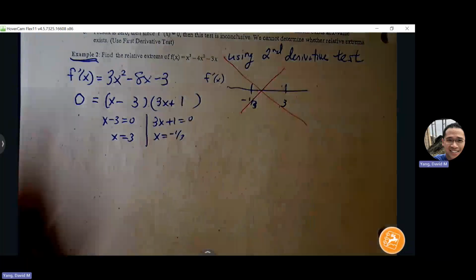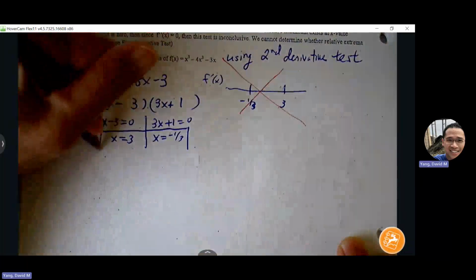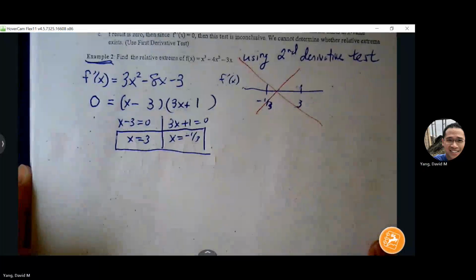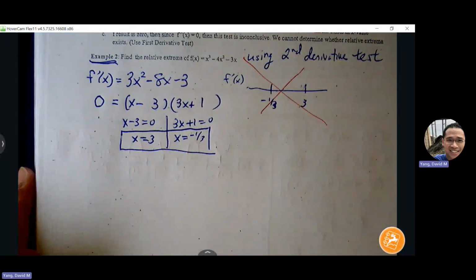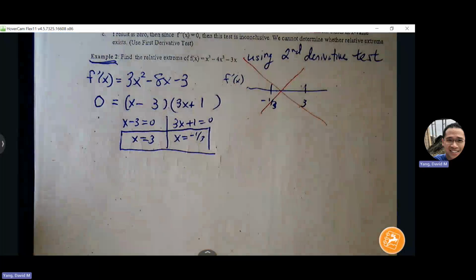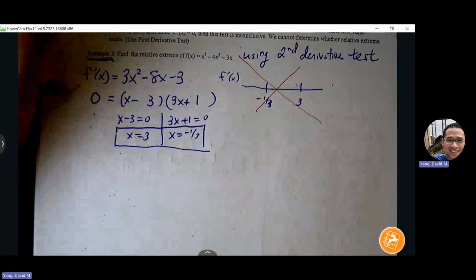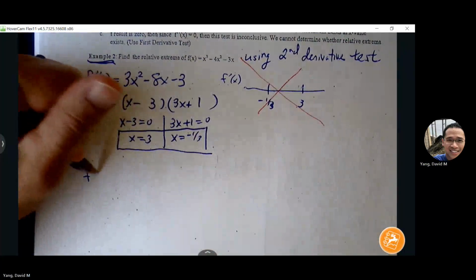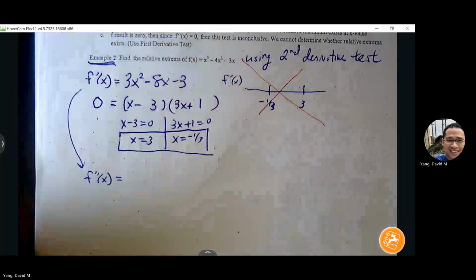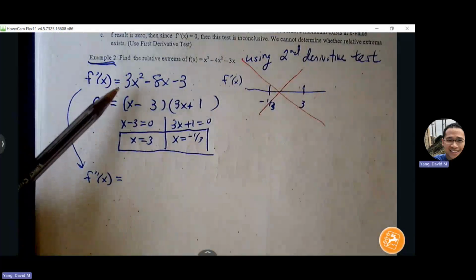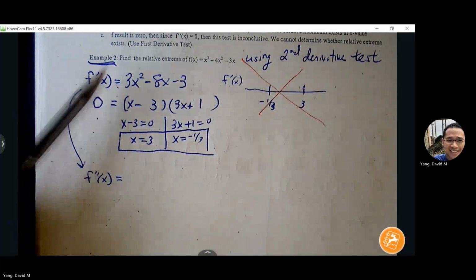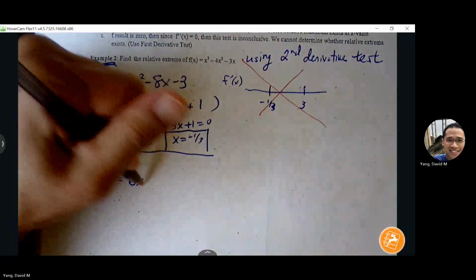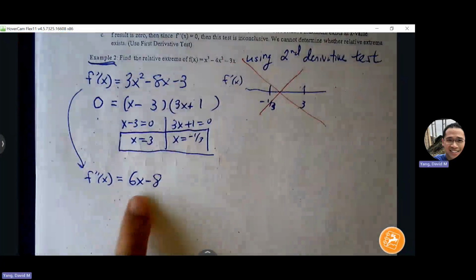Okay, what we're going to do is, well, we know that these are the candidates in play, but instead of a sign line, we're going to move to the second derivative function. So we're going to find f double prime here. What's f double prime? 6x minus 8. Now, we're going to set this equal to 0.